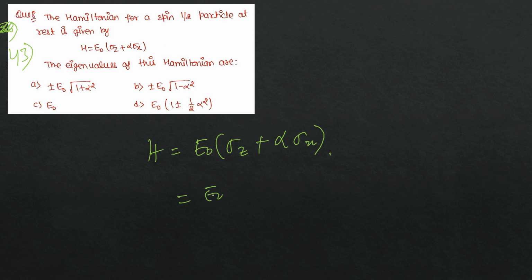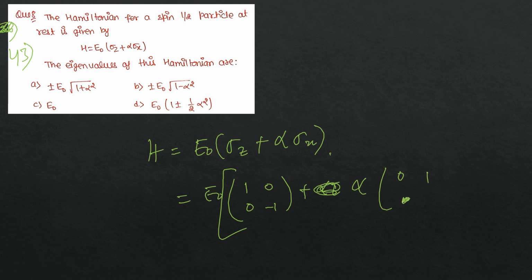Okay, let's open this. This is E naught times the matrix 1 0, 0 minus 1, plus alpha times sigma x, which is 0 1, 1 0.